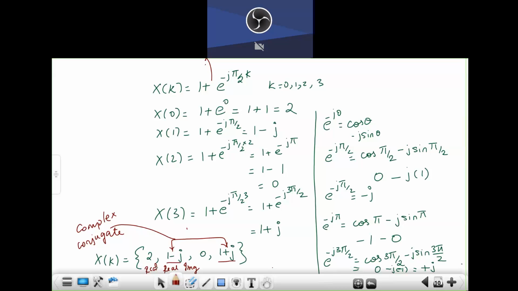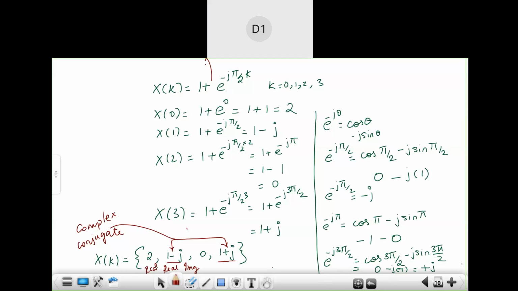All of you know how to convert it in terms of your angle and magnitude? Do you know how to do it? No, ma'am. Yes, ma'am. No, ma'am. Okay.